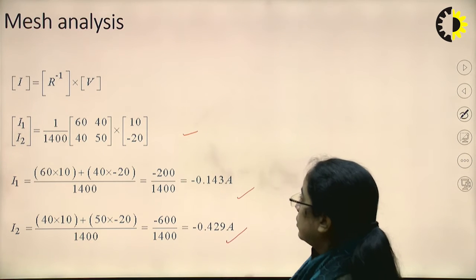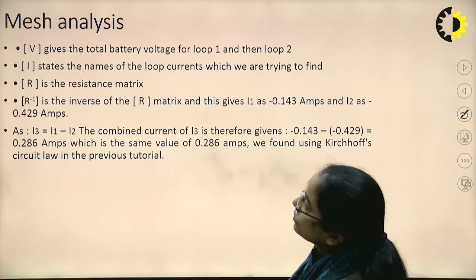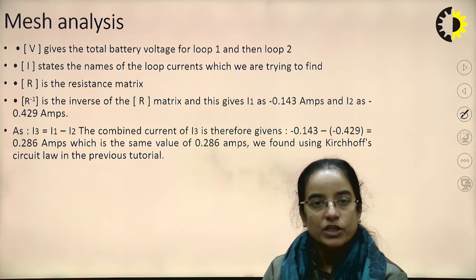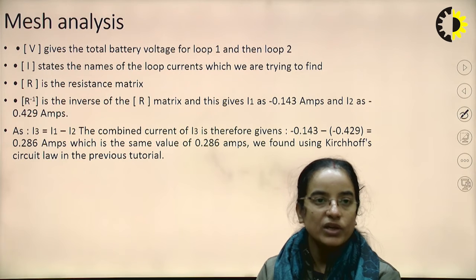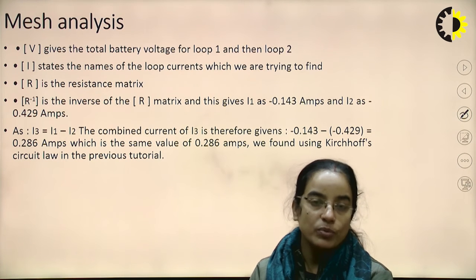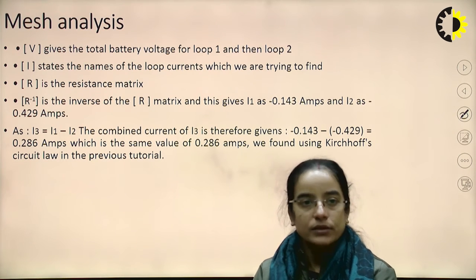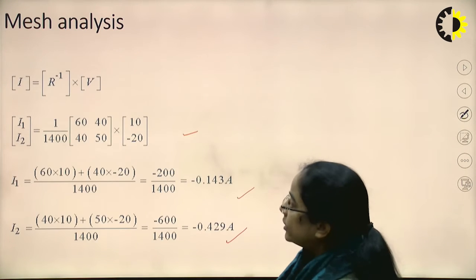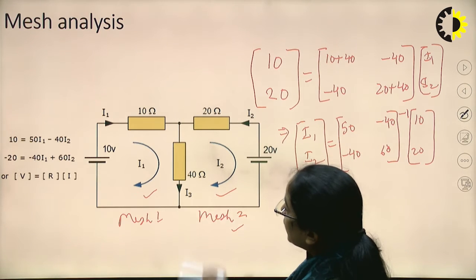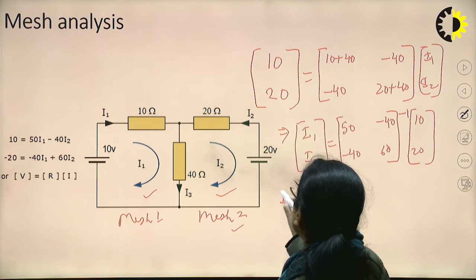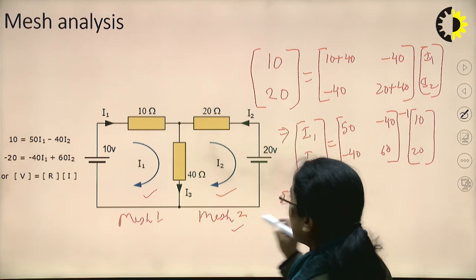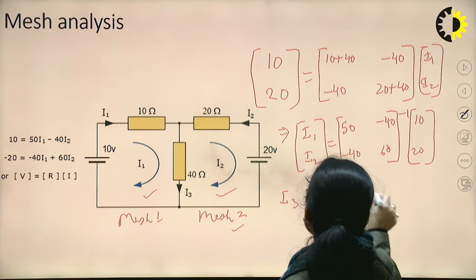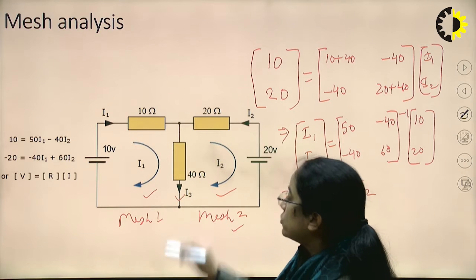Okay, so here we give the voltage matrix for loop 1 and loop 2. I is the loop current matrix and R is the resistance matrix. Okay, so here what is the value of I3? In this case, I3 is I1 minus I2, because of the direction that we are assuming for I3.